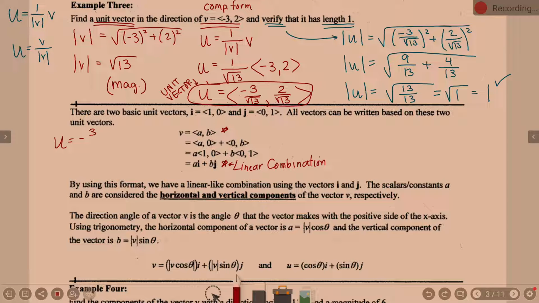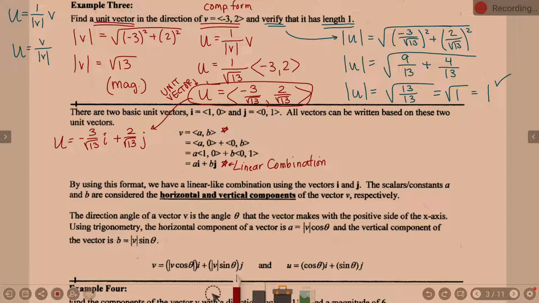So I can say negative 3 over square root of 13 times i plus the b component, 2 over square root of 13 times j. That's an example of a linear combination using the unit vector from above. So those are equivalent forms here. It depends on what they ask, what form they want. So I want you to be a little familiar with that.